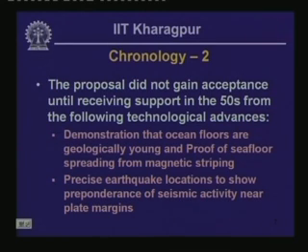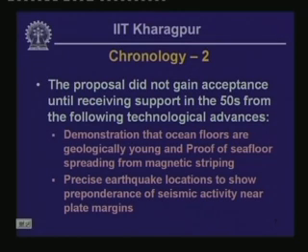Now the proposal of Wegener did not gain acceptance until the 1950s. So from 1915, when he suggested the theory, to the 1950s, geologists did not pay much attention to what was proposed in the continental drift hypothesis, because there was no direct evidence.